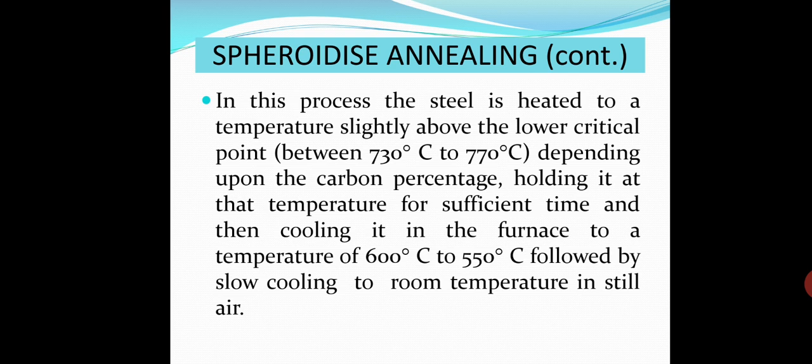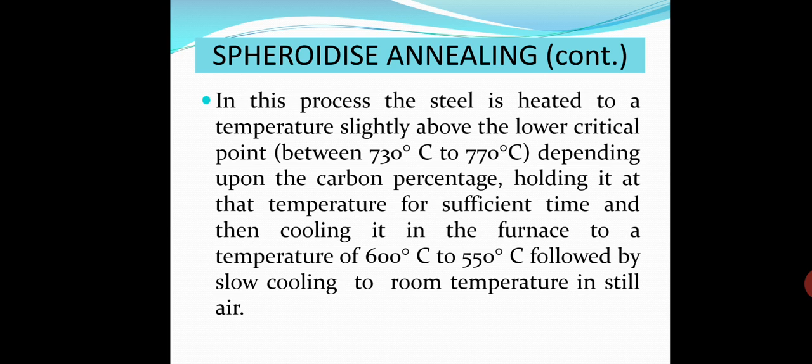In spheroidized annealing, it is slightly above the lower critical point, depending upon the carbon percentage, holding it at that temperature for sufficient time and then cooling it in the furnace to a temperature of 600 to 550 degrees centigrade, followed by slow cooling to room temperature in still air.